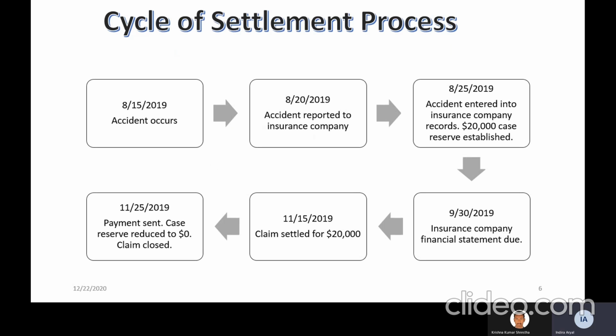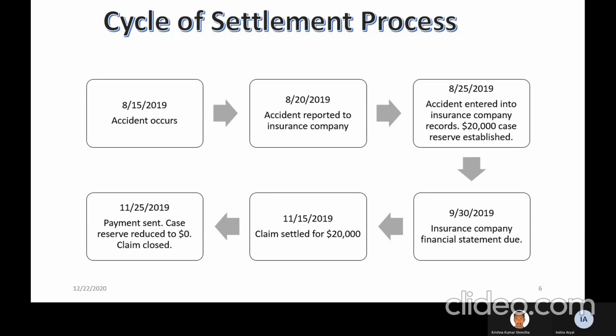Here is the cycle of the settlement process. First of all, the policyholder buys a policy, and after a certain time, an accident occurs. After 5 days, the accident is reported to the insurance company, and in the next 5 days, the accident is entered into the insurance company records, and a case reserve of, say, 20,000 is established.